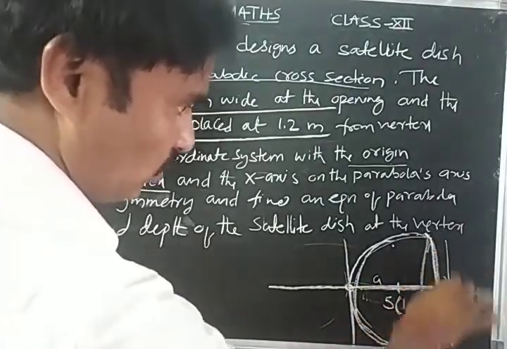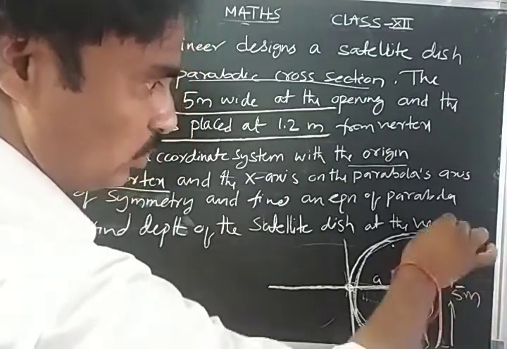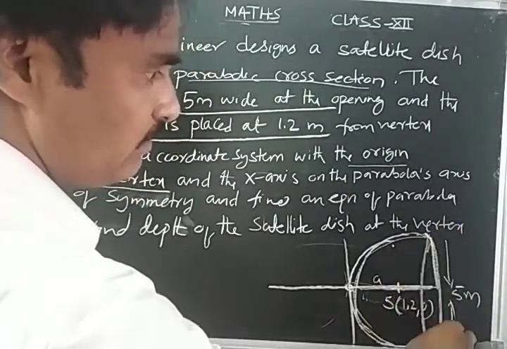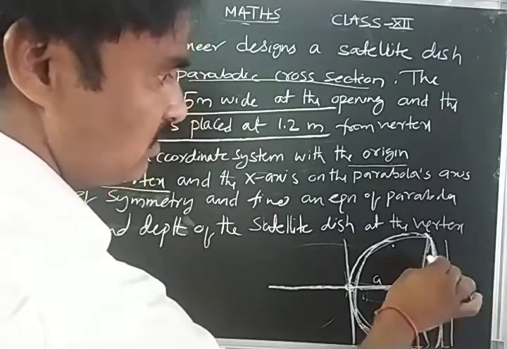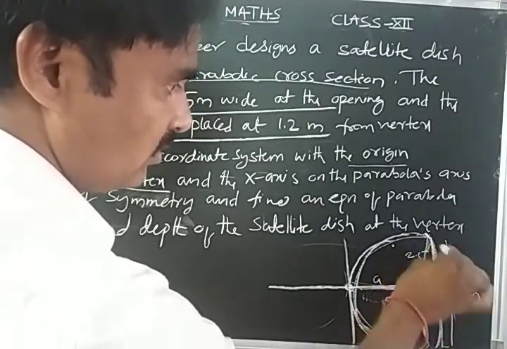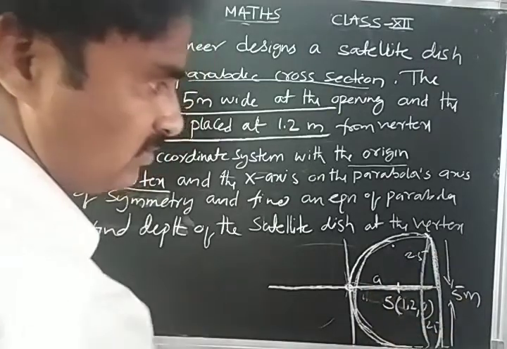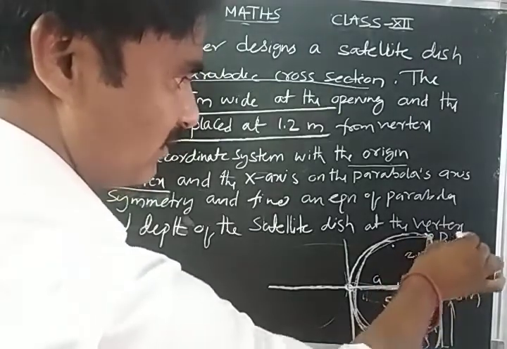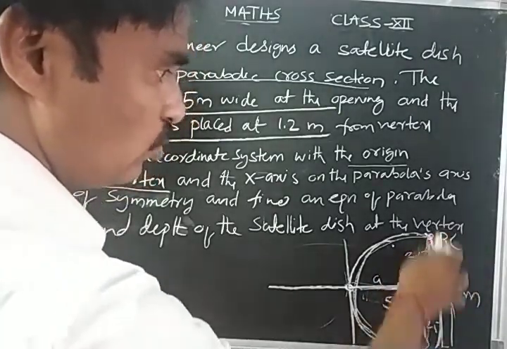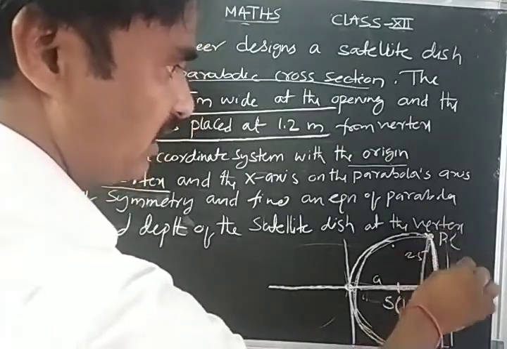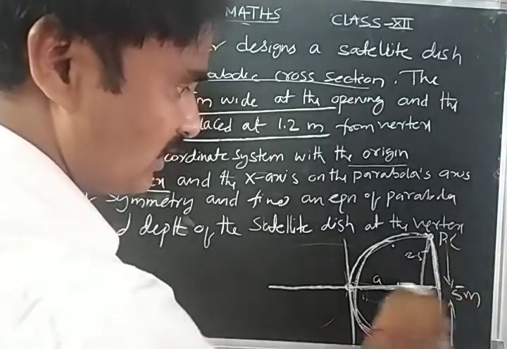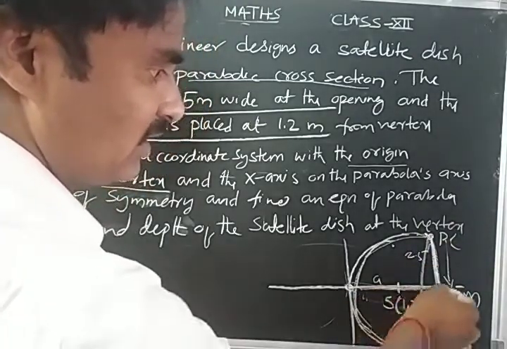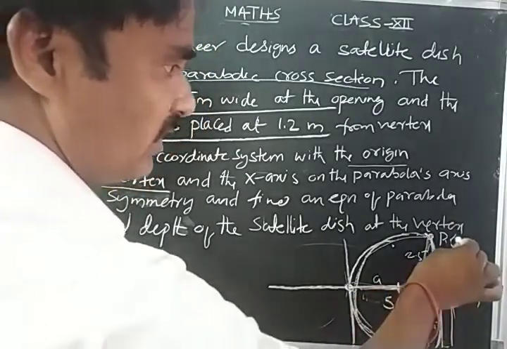The total width of the satellite is 5 meters, no? So this is half and this is half. That means this is 2.5, and here this is also 2.5. If you take one point here, we know the height, but we don't know the length, which is the depth of the satellite. We are going to find that.